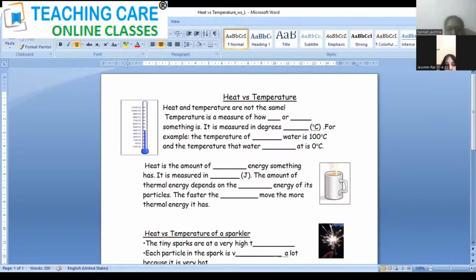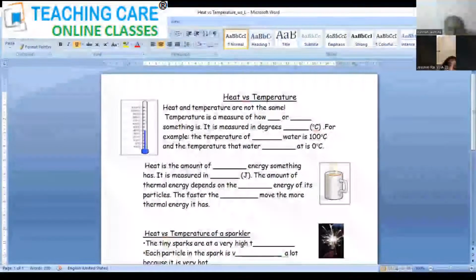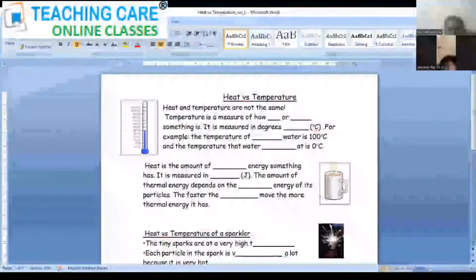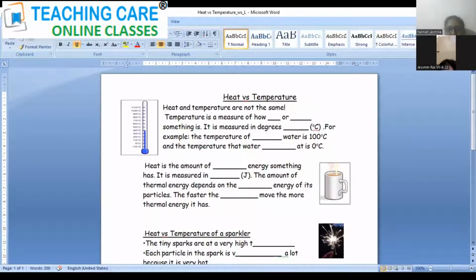The amount of thermal energy depends on the mass. Ma'am, I don't know this one. Okay, just a minute. I'll present one more thing for you so that you will understand.